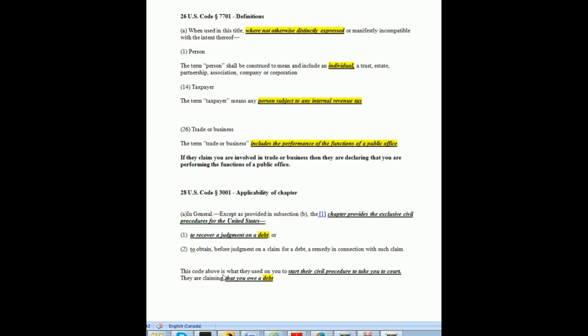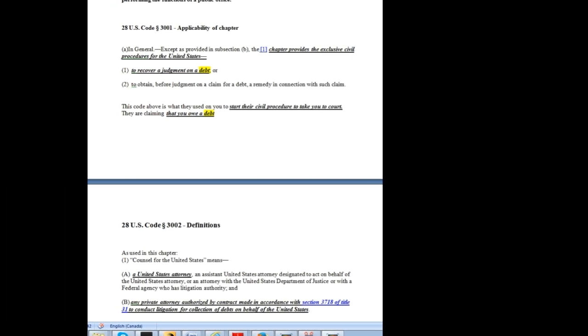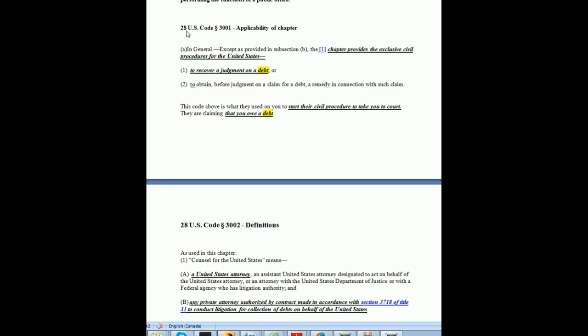The above code is what they used on you to start their civil procedure. To take you to court, they are claiming that you owe a debt. What we are seeing is that Section 28 of the U.S. Code, 3001, is what the United States of America uses for its civil procedure in order to start to recover on a judgment for a debt.